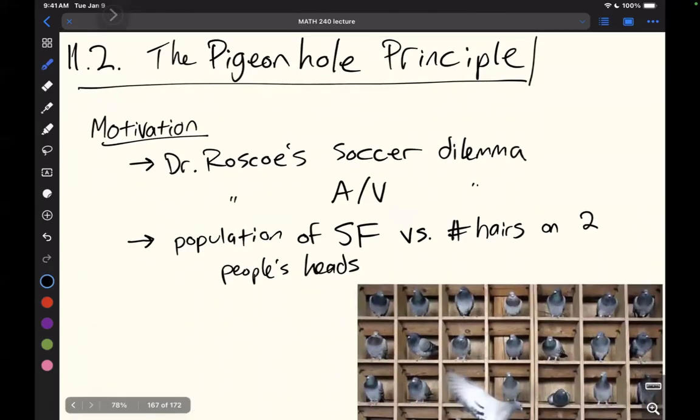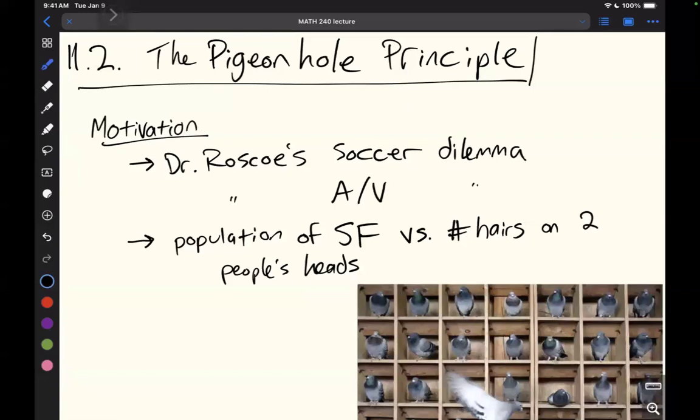Let's talk about the pigeonhole principle. So, in a unique twist of fate, most of my problems end up being combinatorial, where I've had my AV dilemma. I've also had a soccer dilemma where I asked 6 people, hey, do you want to go to a soccer game? And there ended up only being 5 spots in my car.